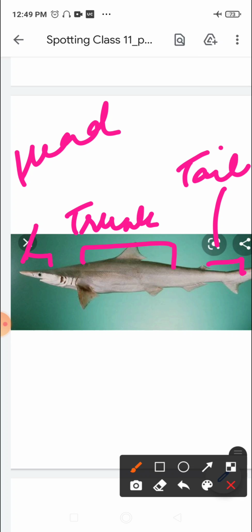The head is dorso-ventrally compressed, flattened, which ventrally bears a semicircular mouth. Another very important characteristic that you need to know when we talk about Chondrichthyes and Osteichthyes is the position of the mouth.